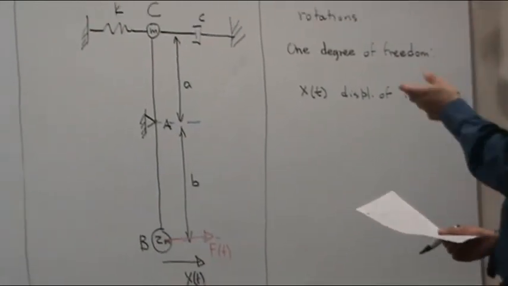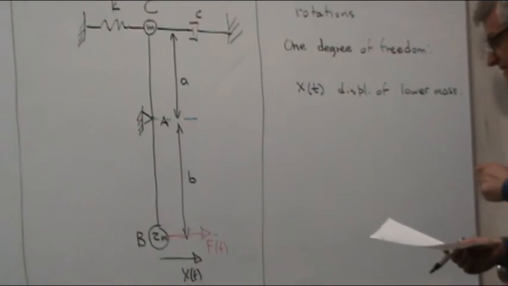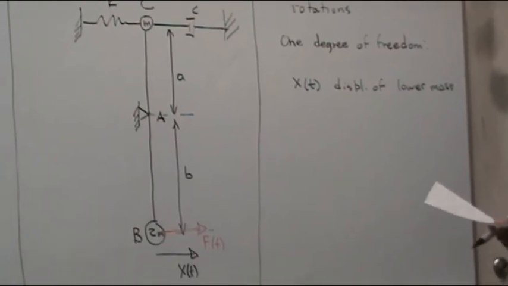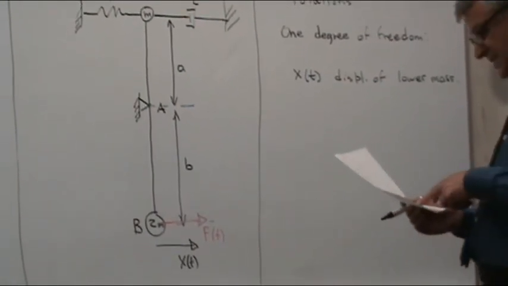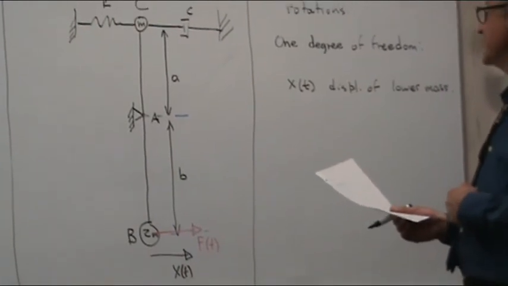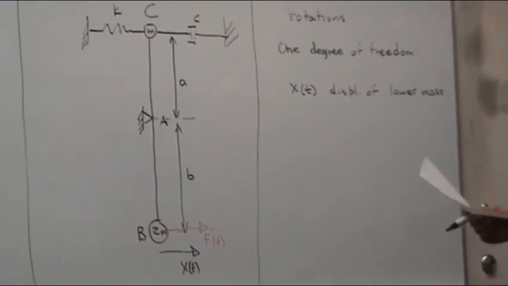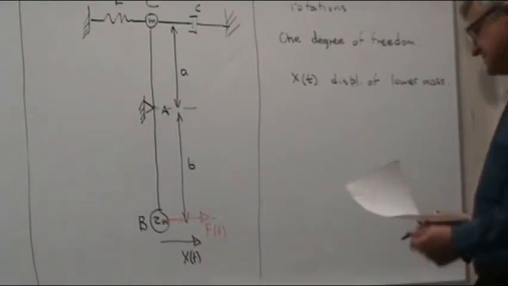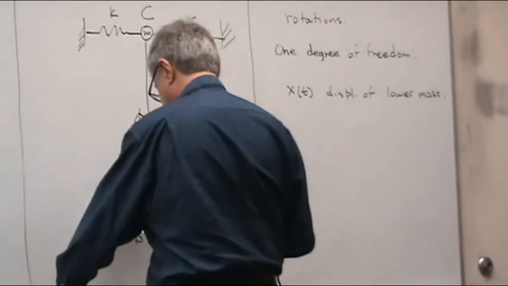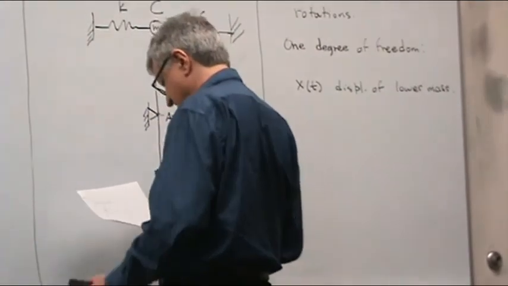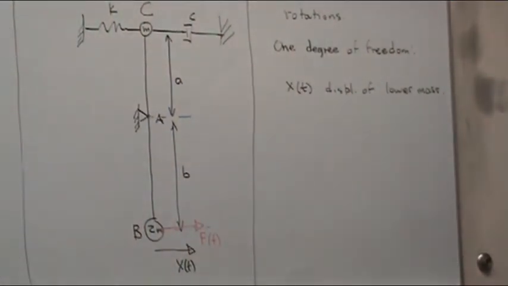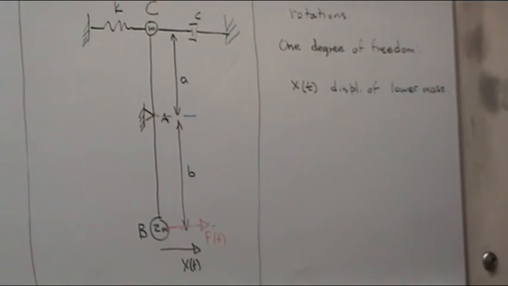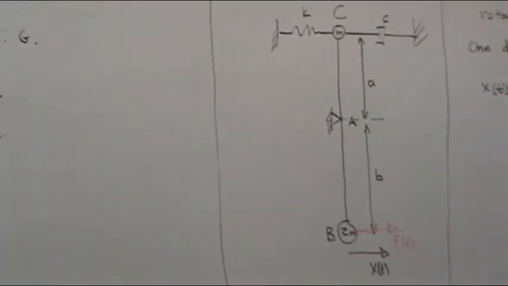Now, if we want to work with the terms that have to do with the displacement, we'll consider a displacement x and find what is the force that is needed to produce this displacement. So let's make a sketch here with all the forces if we displace the lower part by x.